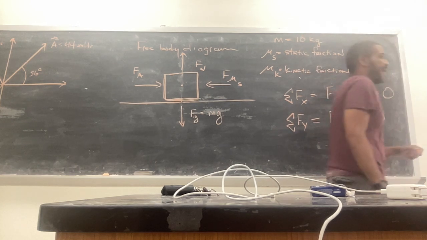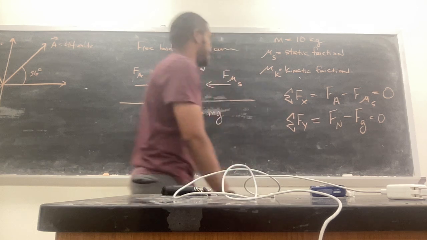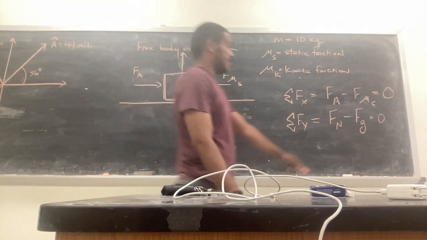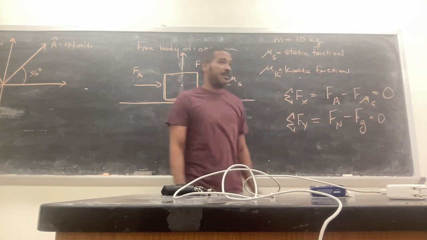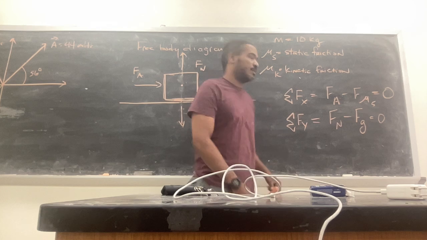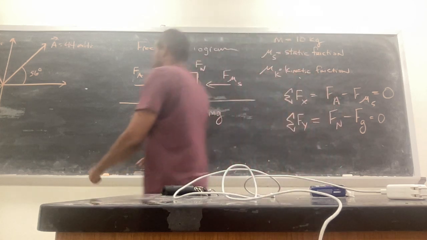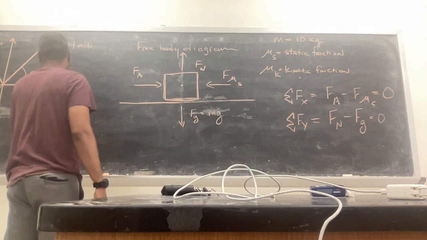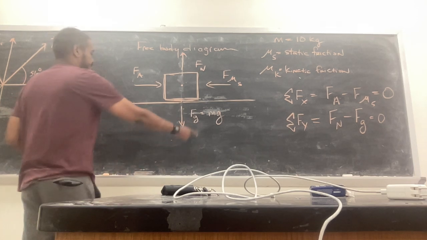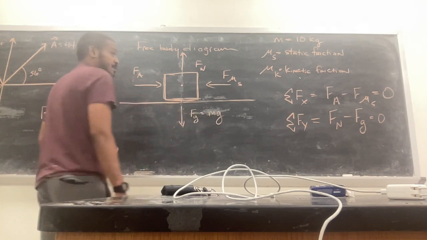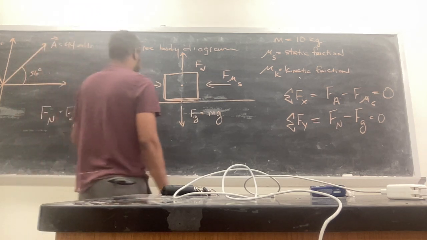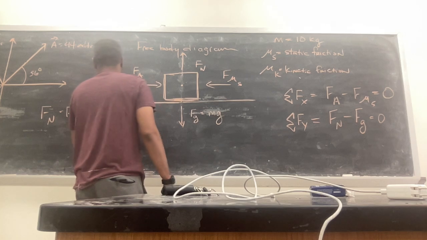We just said these two are equal, so F_N is equal to F_G, and F_G is equal to M times g.